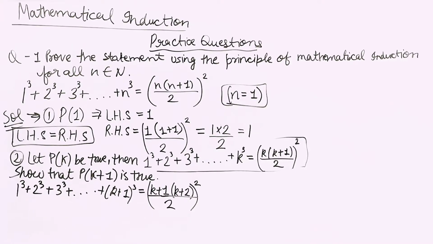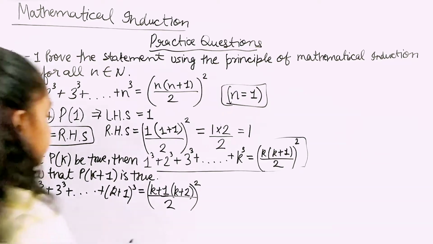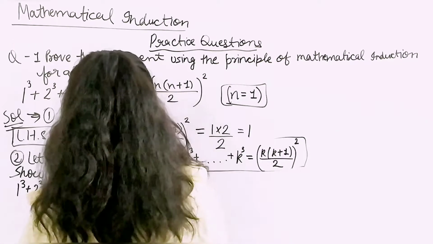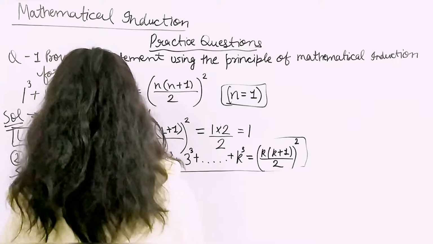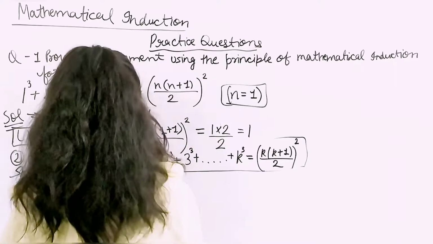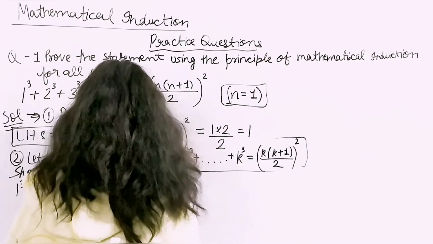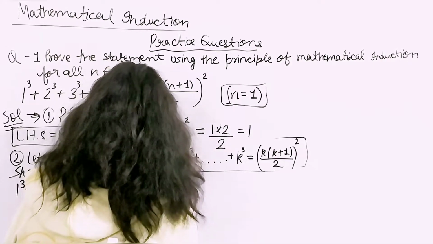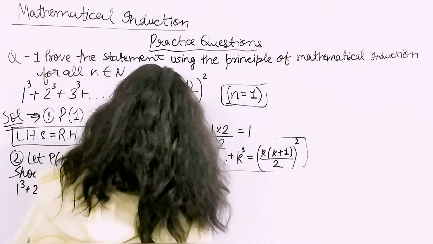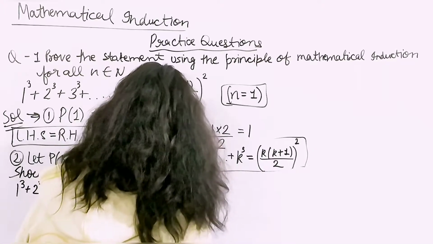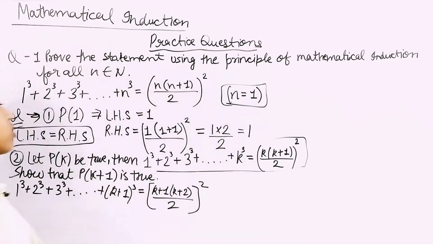I think I'm just going to use the square brackets. So it's going to be k plus 1 in the bracket, k plus 2 upon 2 square. Now this is right. Got it?